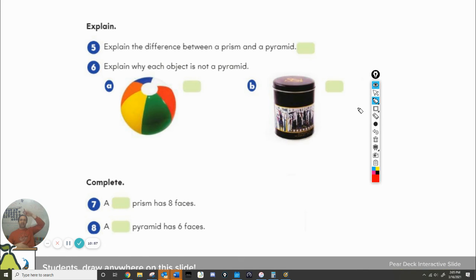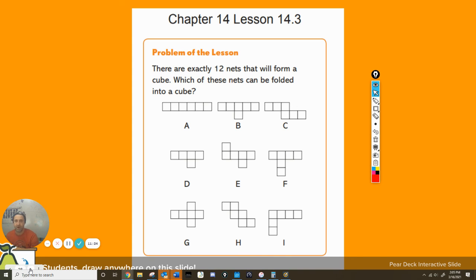If you're not counting the 2 bases, you're just counting the faces around the side, then you have an octagonal. And the same one down here, a pyramid. If you're counting the base, it's a pentagonal pyramid. If you're not counting the base, then it's a hexagonal. These are poorly worded. That should tell us if they are or are not including the base in that count. I'm not afraid to call out when I think something is not as good as it could be.